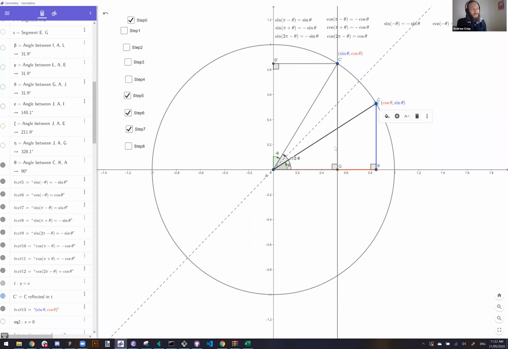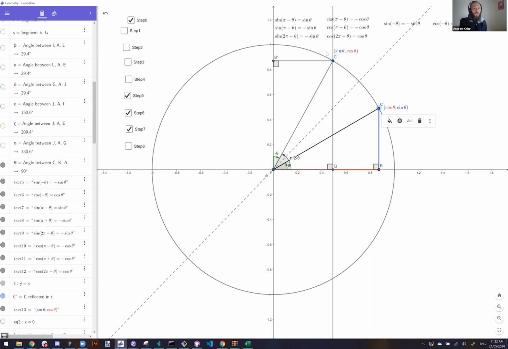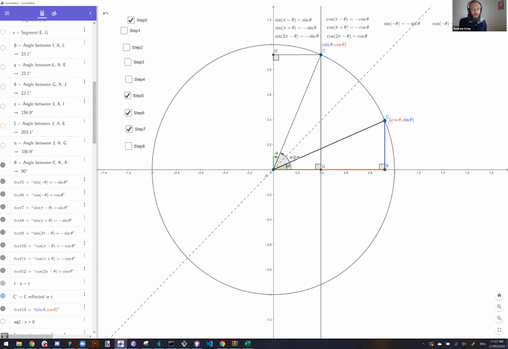It's not centered on the origin, but this rectangle here is the way that we can calculate our horizontal distance and our vertical height using sine and cosine in the same way that we do height and horizontal distance using sine and cosine for this original triangle.